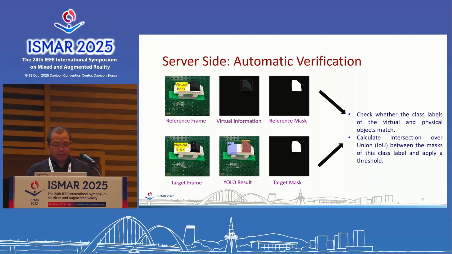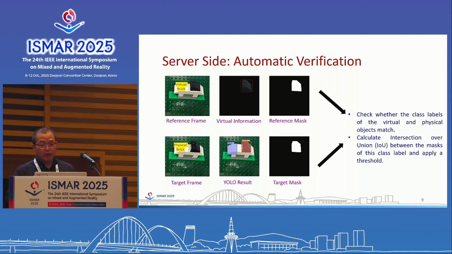On the server side, we get 2 figures: one is the left frame, another is the target frame, right? For the left frame, we use the rendering pipeline to extract the virtual piece and then generate the mask. For the target frame, we fine-tune a YOLO model to detect this shape, and then apply a binary filter to generate this mask.